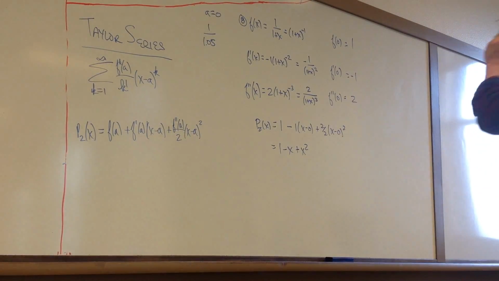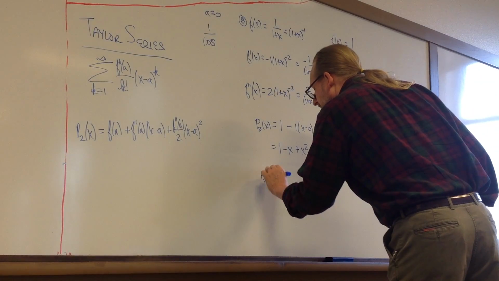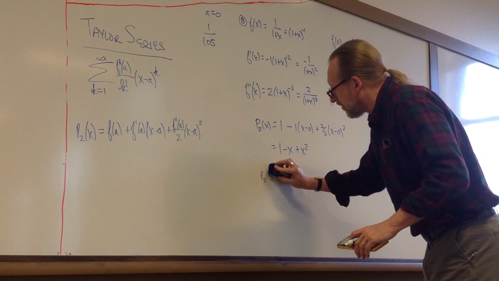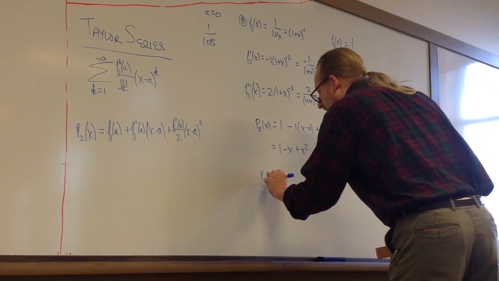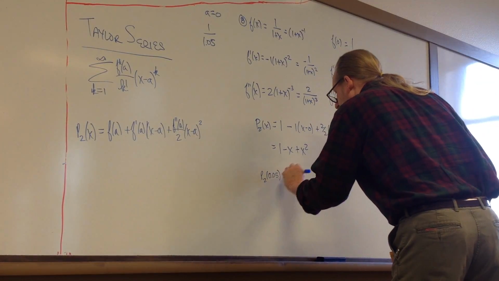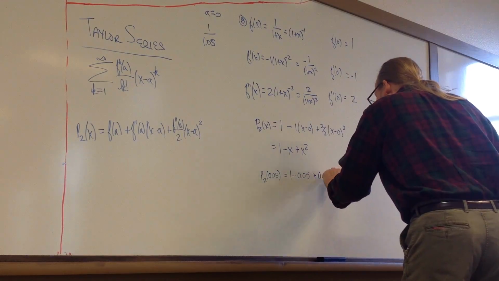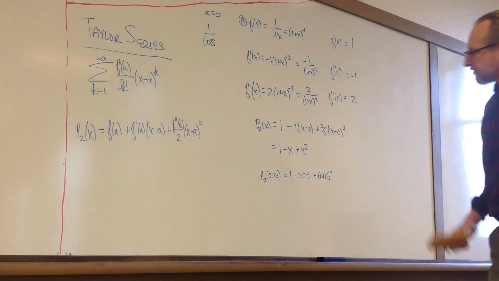So there's our polynomial. Let's plug in 0.05, p2 of 0.05. That's going to be 1 minus 0.05 plus 0.05 squared.